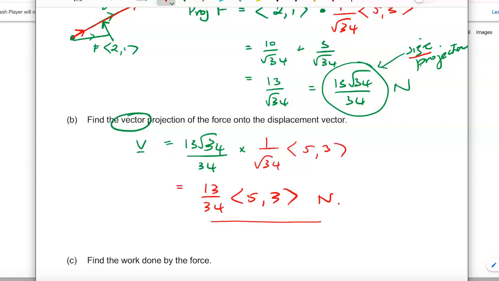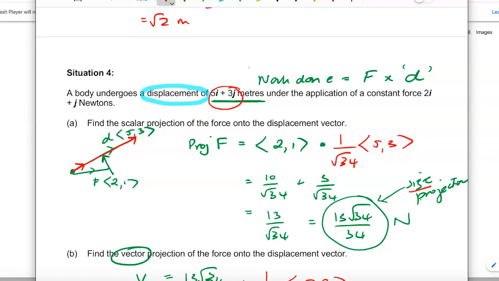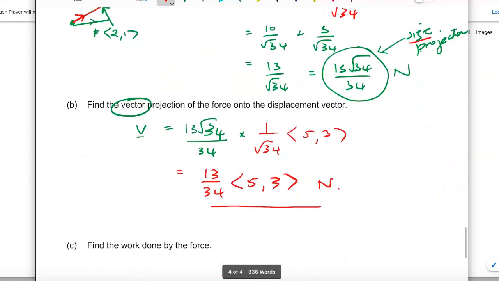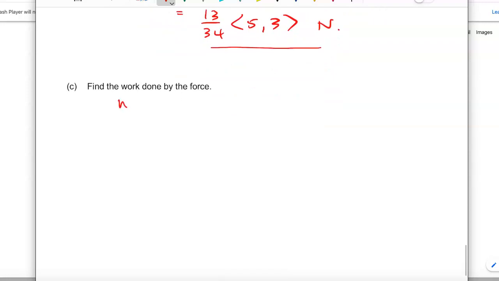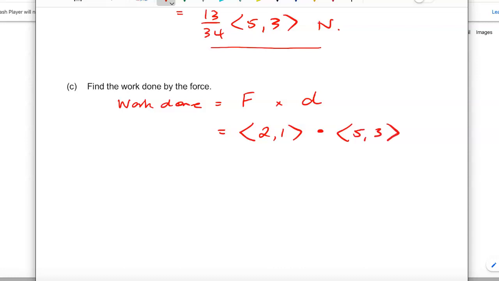So now we can use that idea that the work done is the force times the displacement. So the work done is going to be the force multiplied by the displacement. We can do this in two ways, just by using the scalar product.